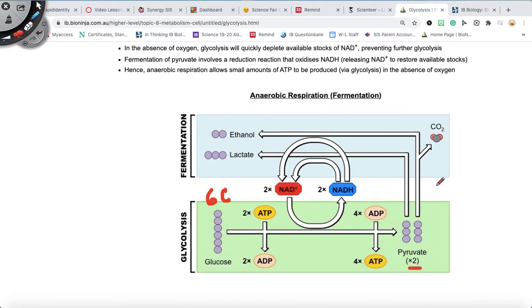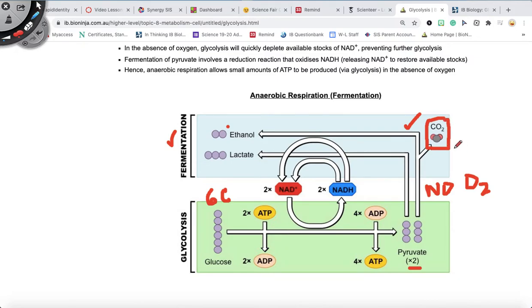Now, if there is no oxygen present here, we go into anaerobic respiration, otherwise known as fermentation. And what happens to these pyruvate molecules? Well, if you're a yeast or some sort of plant, you can produce ethanol, which is a form of alcohol. You're also going to release carbon dioxide, and this is why bread rises, right?